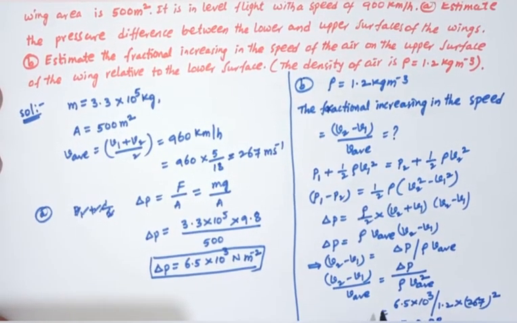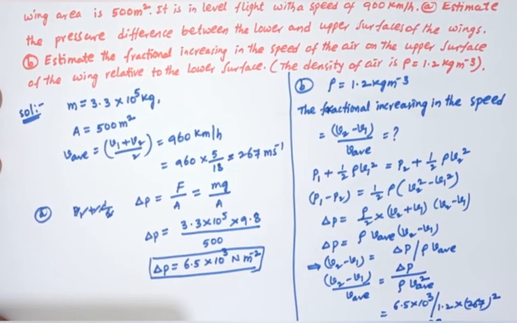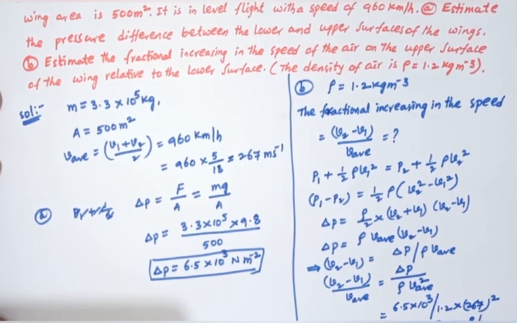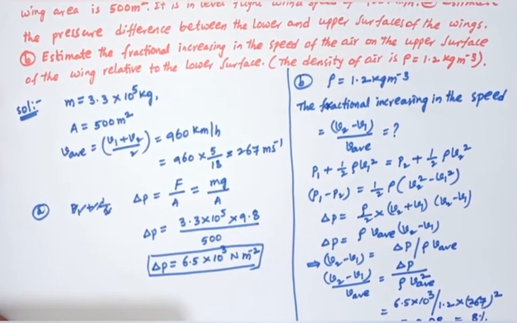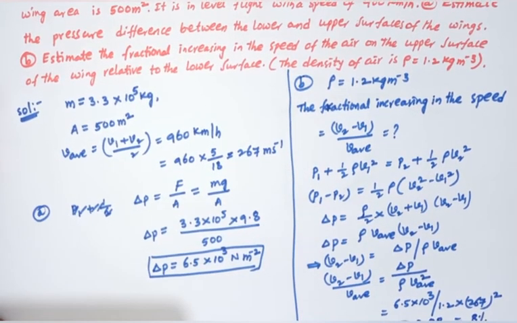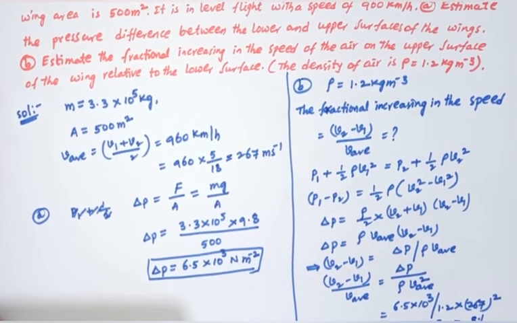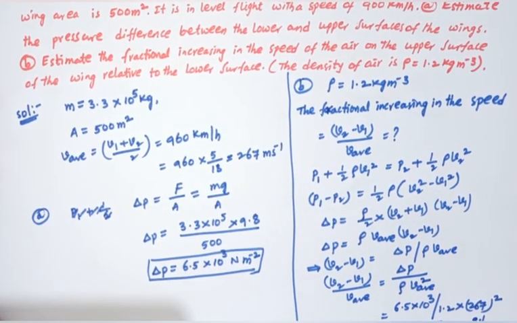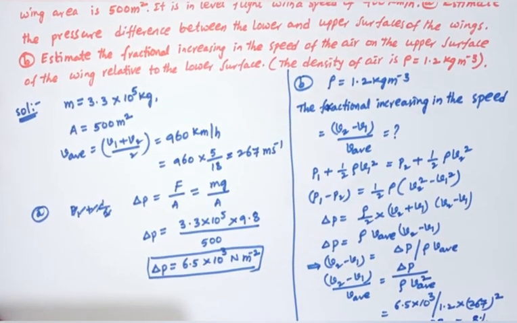The speed of air above the wing is 8% higher than below. The velocity above the wing is 8% more than below the wing.